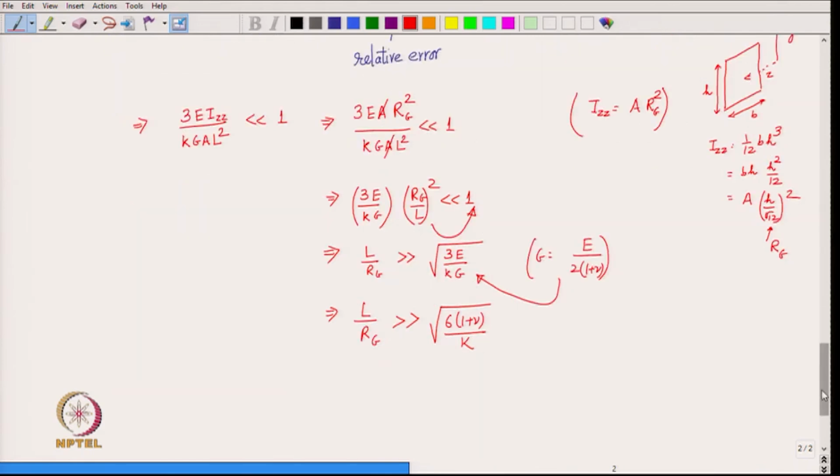On the left hand side, we have length and R_g, which is denoting the cross sectional dimension, right. So, it is denoting the aspect ratio.